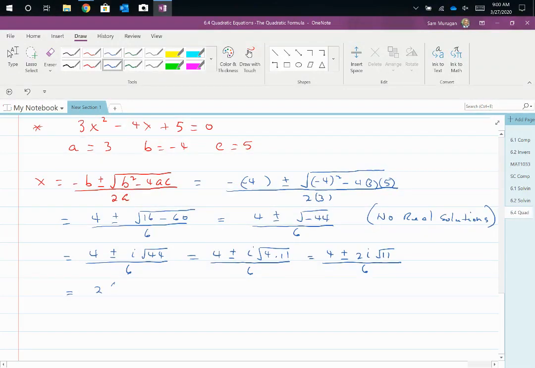So we've got 2 times (2 plus or minus √11).